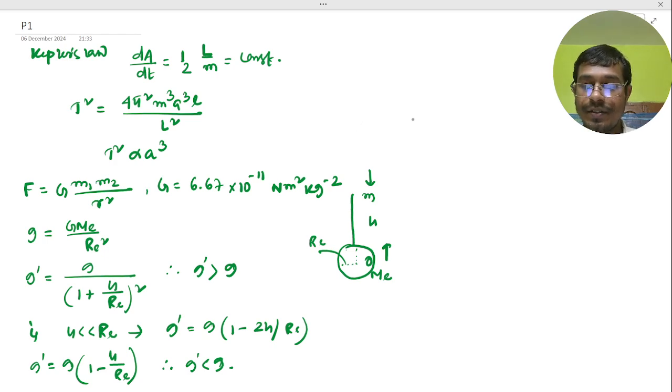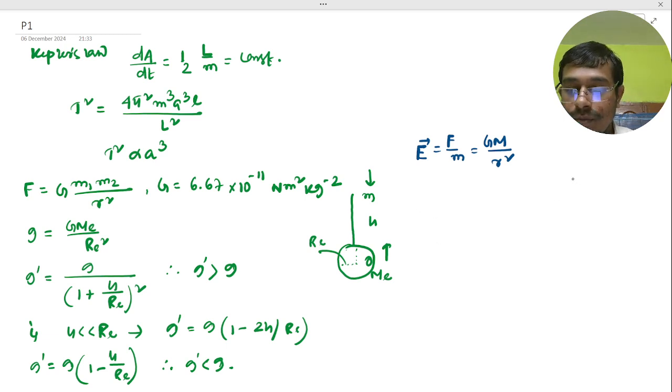Gravitational field intensity of mass m at a distance r is defined as E, basically F by m, so GM by r squared. The field due to a uniform circular ring at a point on its axis becomes E equals GMr divided by (a squared plus r squared) to the power 3 by 2.